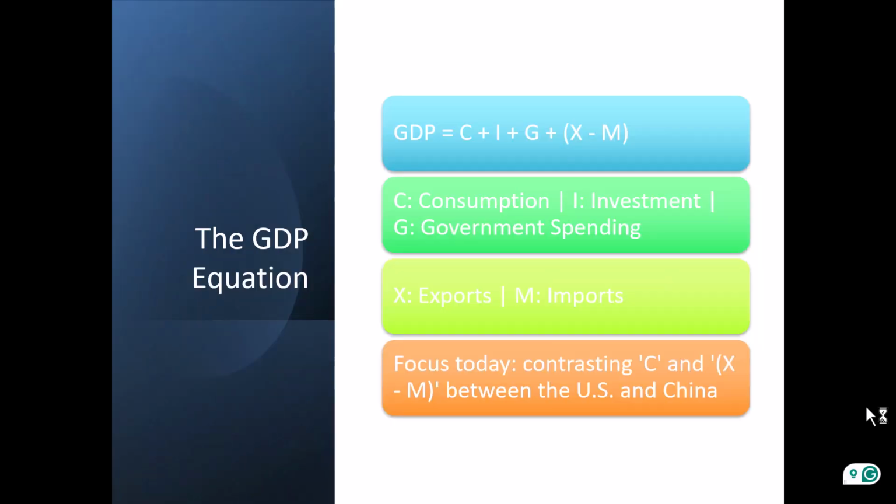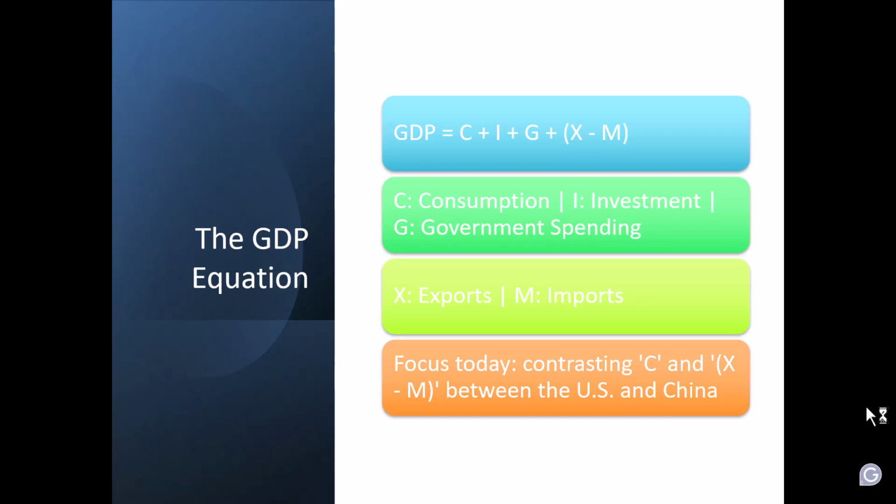So we start with some basic macro concepts. Gross domestic product, the GDP equation. And dig back into your macro class, if it's not too traumatic, when you looked at GDP as the equation of C plus I plus G plus X minus M. And if you need to remember, the C is consumption, the I is investment, the G is government spending, the X is exports, the M is imports.